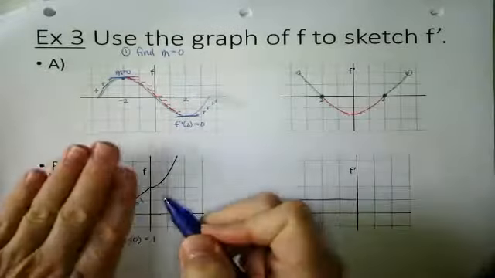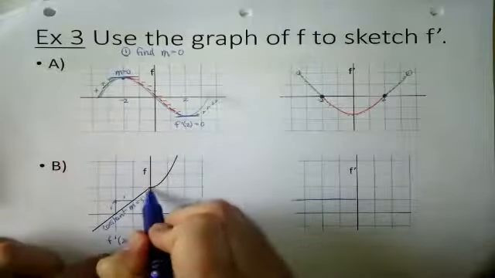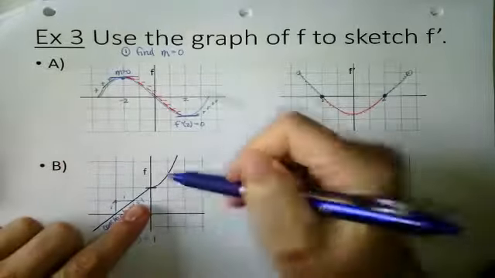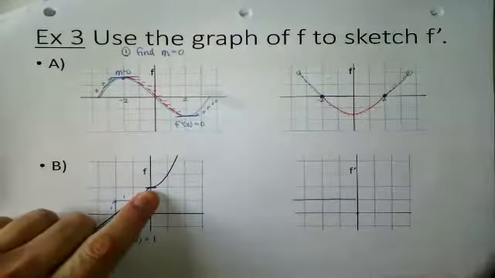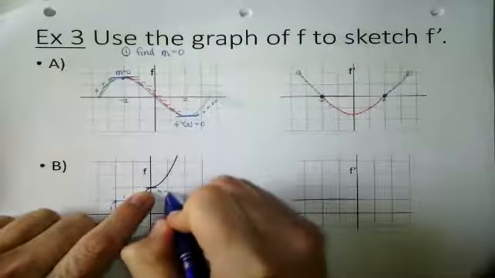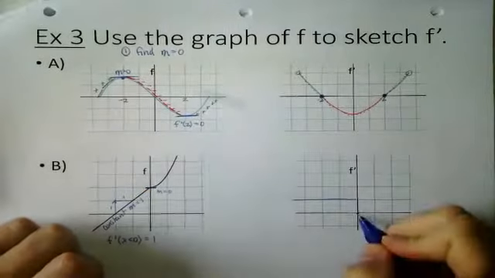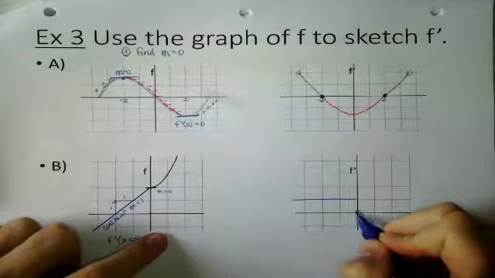And if I ignore the left-hand side, left of 0, then right at 0 it looks like it's coming in and getting very, very close to a slope of 0. Very, very close. But I'm not sure exactly. So I'm guessing, but I'm not going to include it.